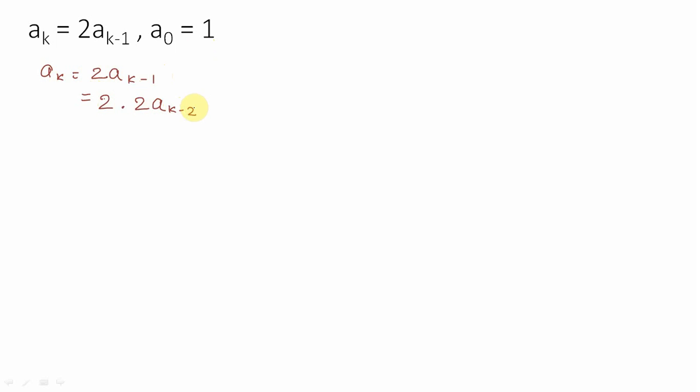See, by the same logic, how can we define ak minus 1? ak minus 1 will be 2 into ak minus 2. So ak minus 1 is equal to 2ak minus 2. If I substitute it over here, it becomes ak is equal to 2 multiplied by 2ak minus 2.